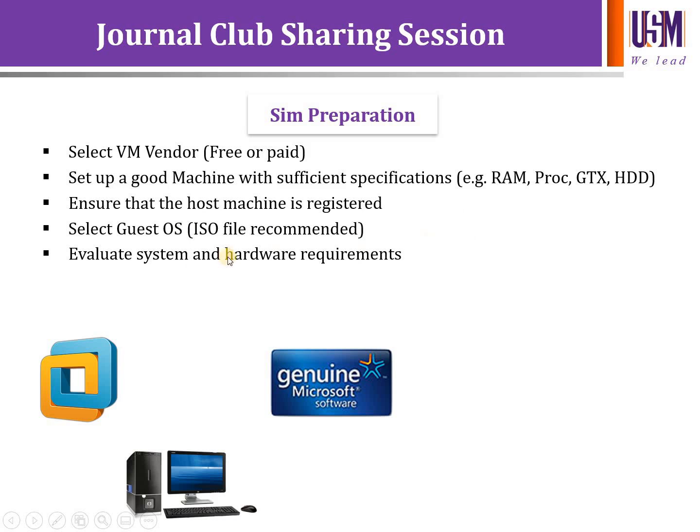And then of course you need to evaluate the system and hardware requirements. What I mean by this is that you need to understand the space involved, what kind of system you are using, and then look at the requirement of the operating system you are going to mount on this virtual system.